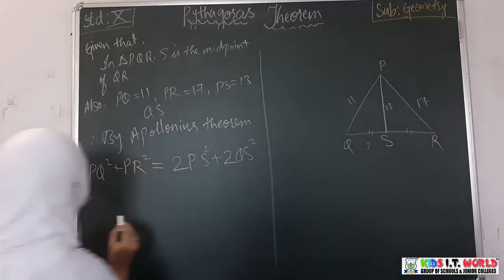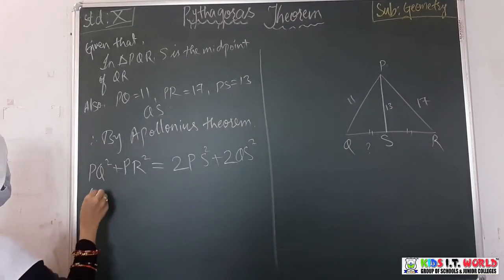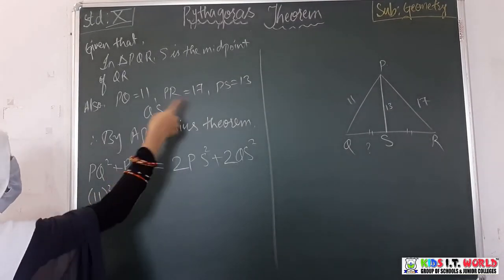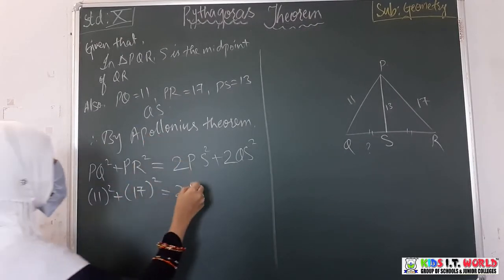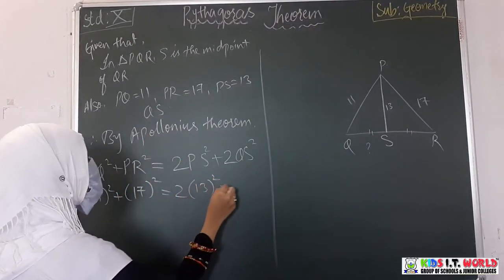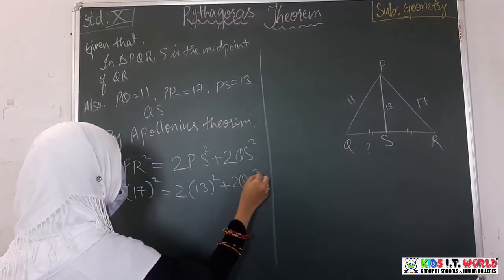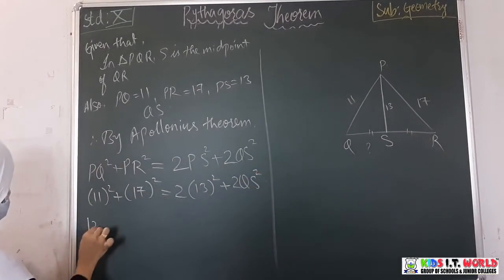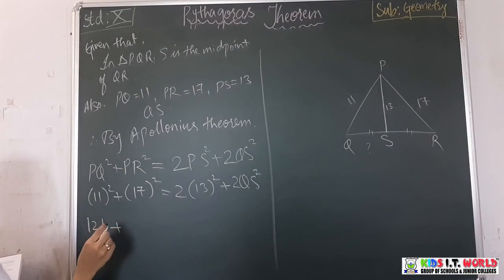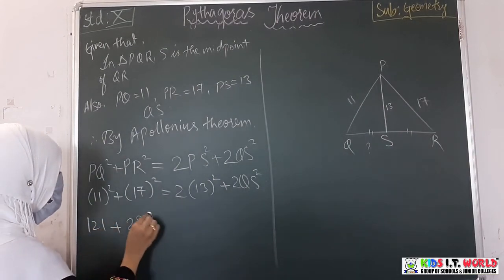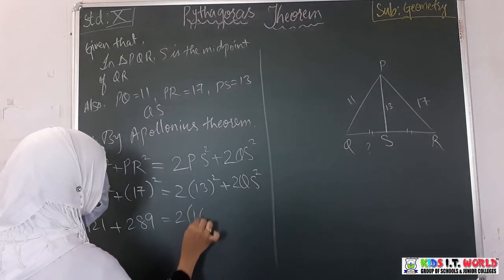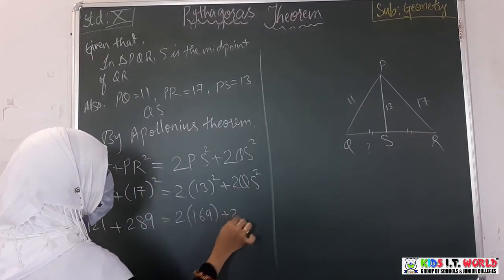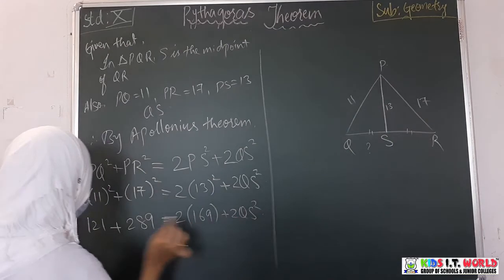Now substitute the values. PQ 11 square plus PR 17 square is equal to 2 times PS 13 square plus 2QS square. 11 square is 121 plus 17 square is 289 is equal to 2 times 13 square, 169, plus 2QS square.